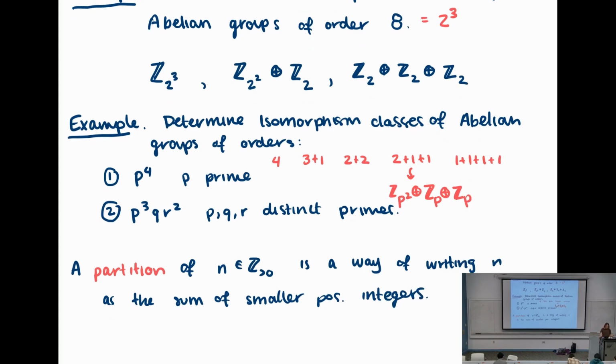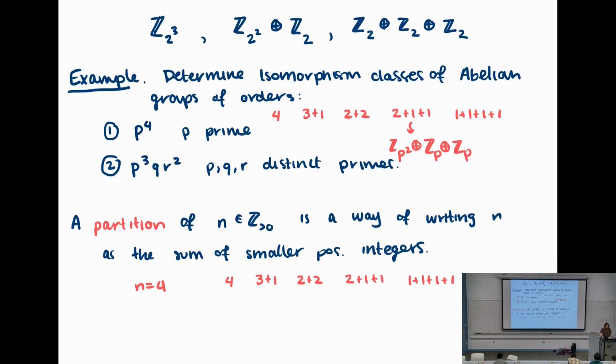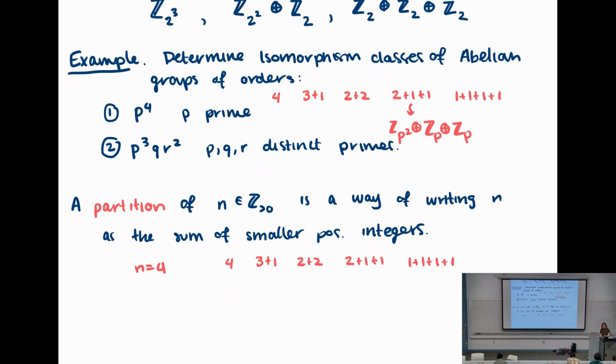Okay, so we just saw for n equals 4, all of the partitions of 4. So we have these 5 options. And we have a partition function: the partition function P of n tells you the number of partitions of n.